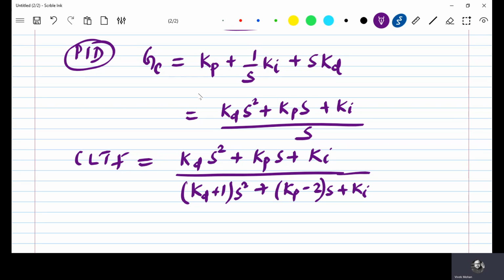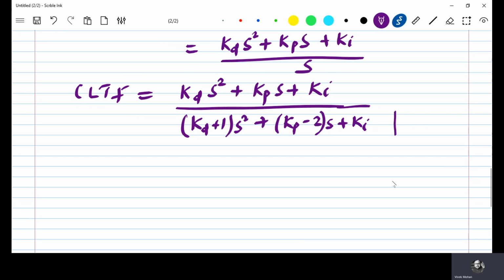Now, for this particular closed loop transfer function, we are trying to locate the poles by varying the values of the proportional, integral and derivative controller. In the sense we want to get the desired poles by tuning the controller.